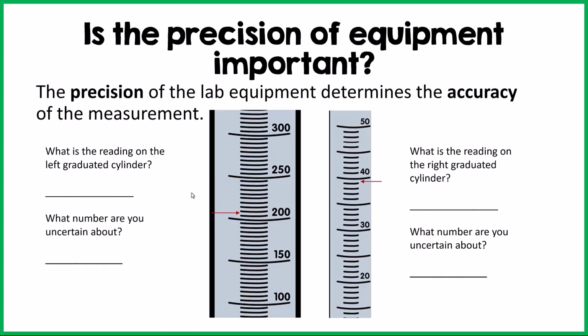I'll give you a second to identify what those increments are and then come up with a value that you think is for this, where the arrow is here. You can pause the video until you come up with that answer.